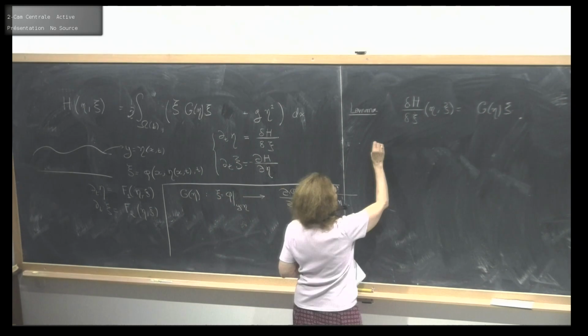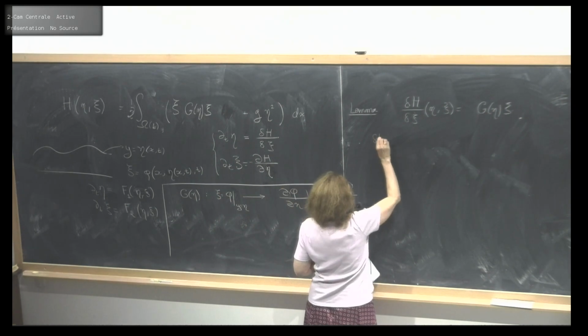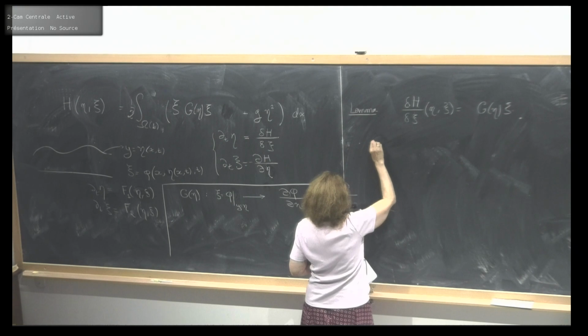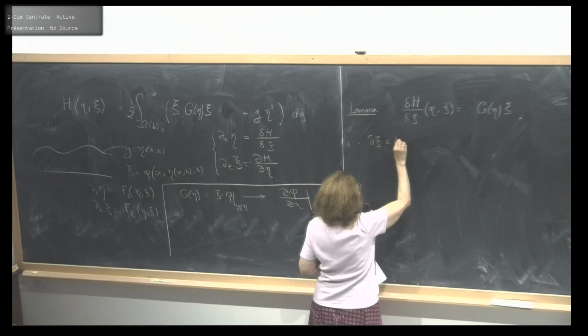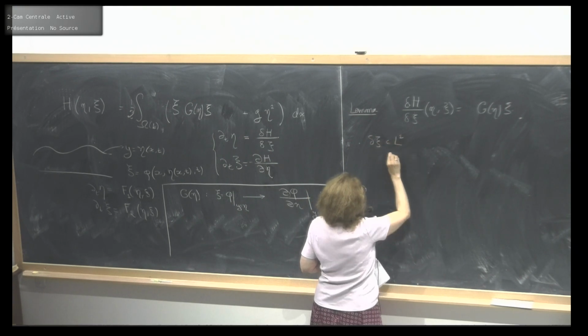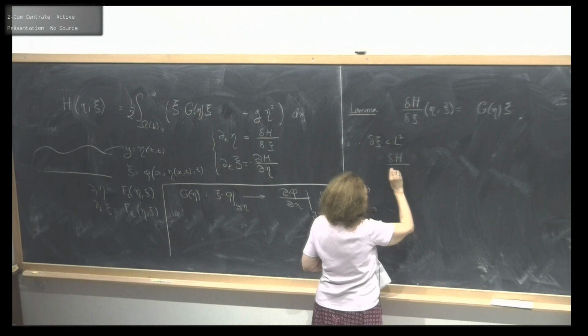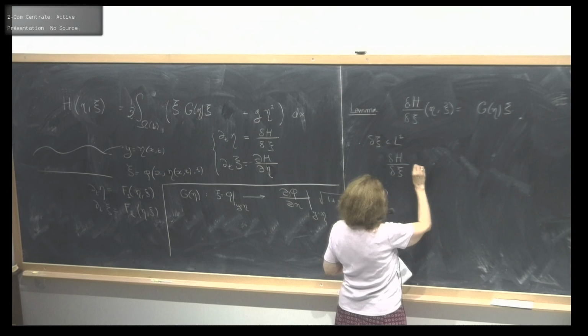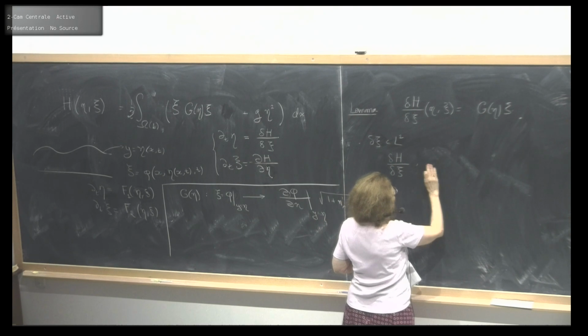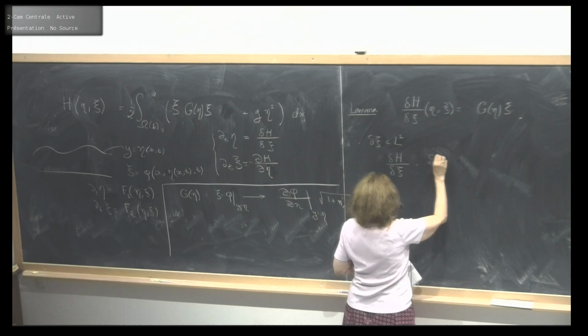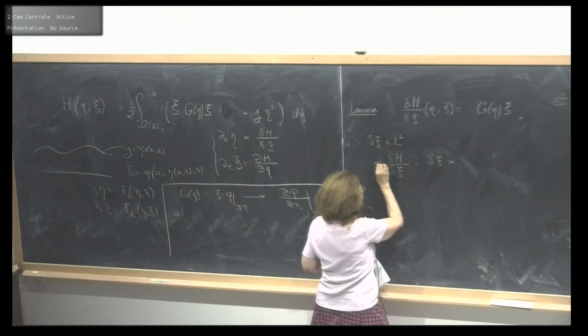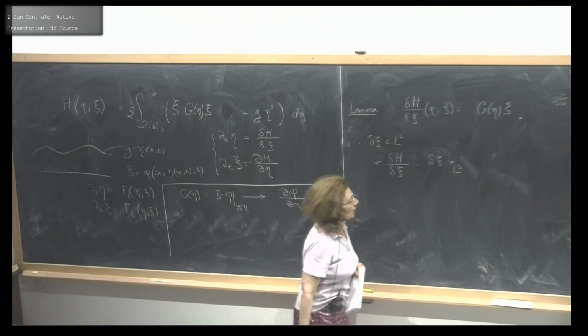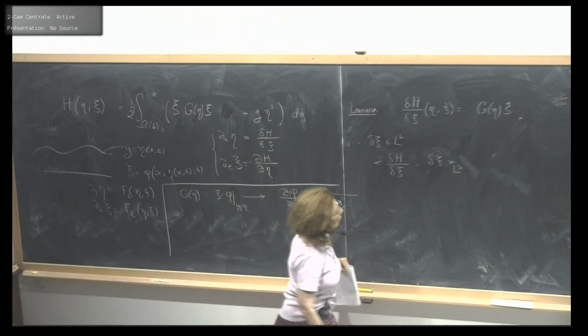Let's say we take a delta xi, which is in L2, and we define this differentiation of H with respect to xi as its action with respect to the L2 scalar product.